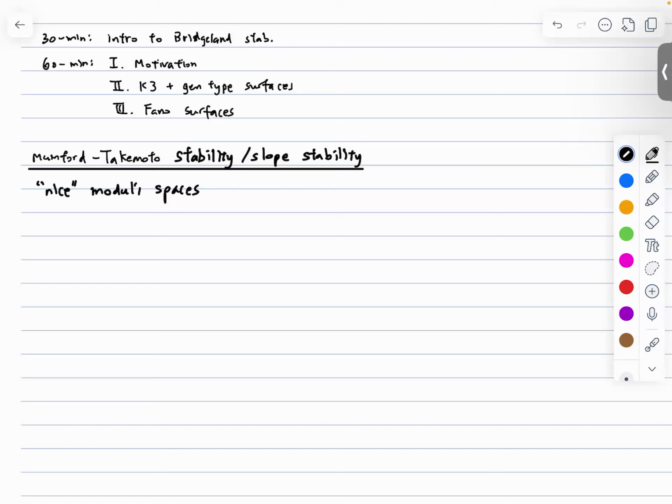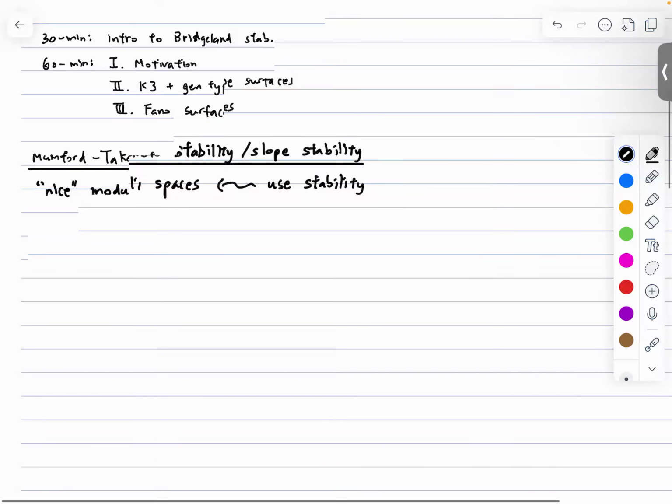By nice, we often mean we want the moduli space to be of finite type, so it's finite dimensional, and maybe we want it to be proper, so it will be compact as a topological space. In order to get these nice properties, a lot of the time we have to impose a stability condition on the geometric objects that we are trying to parameterize. So this is a motivation to use some kind of stability on the objects we are looking at.